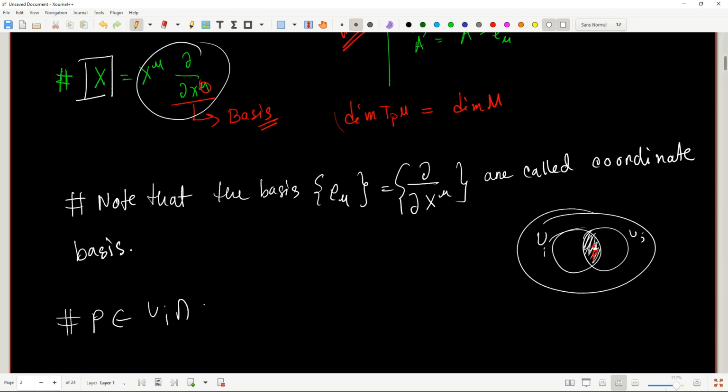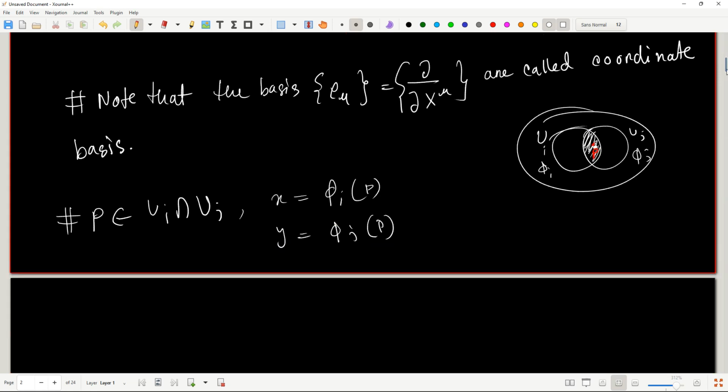P belongs to U_i intersection U_j, and it's such that the local coordinates x are coming from the local homeomorphism phi_i of P, and let's say there are some local coordinates y, which are coming from phi_j of P, right? Then at this point, if I have a vector capital X that belongs to the tangent space of P, I can write it as, let's say, X^mu del_x^mu, like this, right?